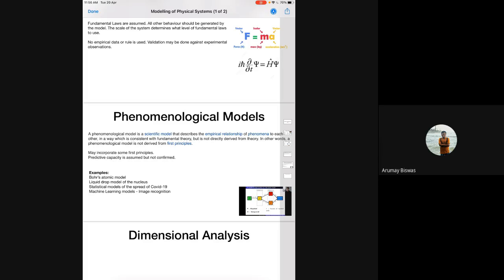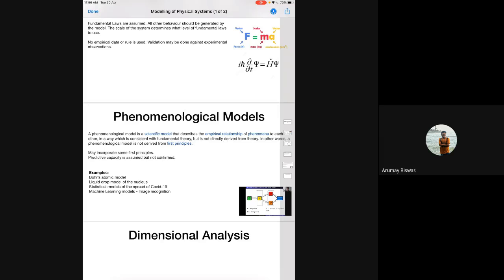Similarly, for the liquid drop model of the nucleus, the concepts of fluid theory like viscosity, surface tension, etc., were adapted to describe the nucleus. That is, of course, not true. To describe a nucleus, you need the nuclear forces and a quantum picture. But the liquid drop model worked for quite some time, so that was a phenomenological model.